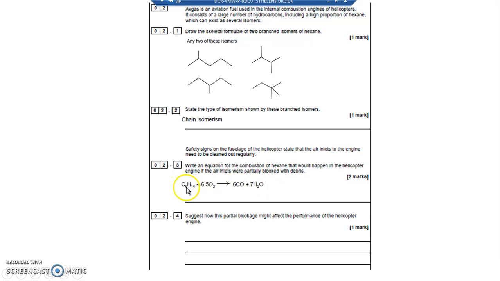The easiest way to do it, first of all, is realize you've got 6 C's, so you need 6 CO's here. You've got 14 H's, so you need 7 H2O's here, because 7 times 2 is 14. Then you add up the number of oxygens. 6 times 1 is 6, 7 times 1 is 7, 6 add 7 is 13, so you need a number multiplied by 2 that equals 13, that's 6.5.